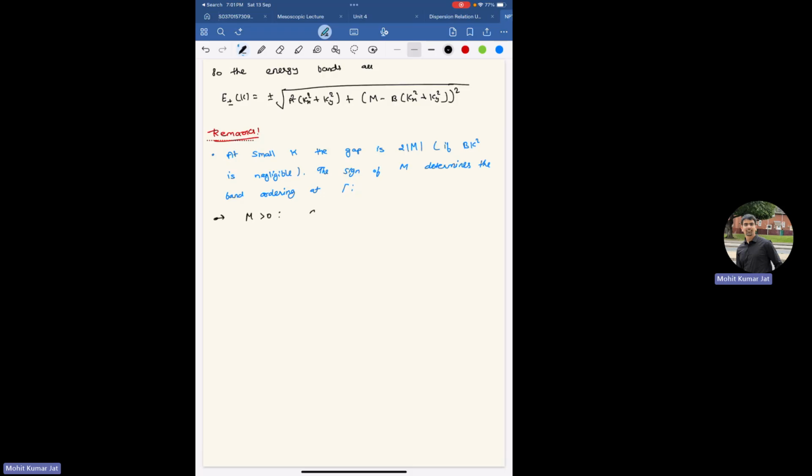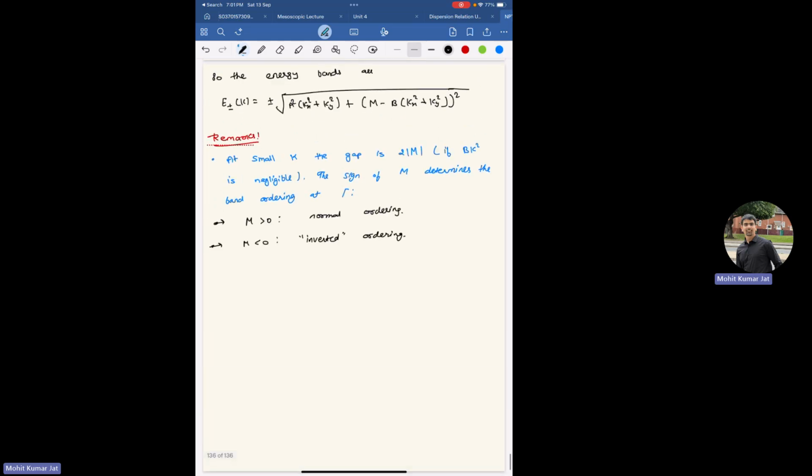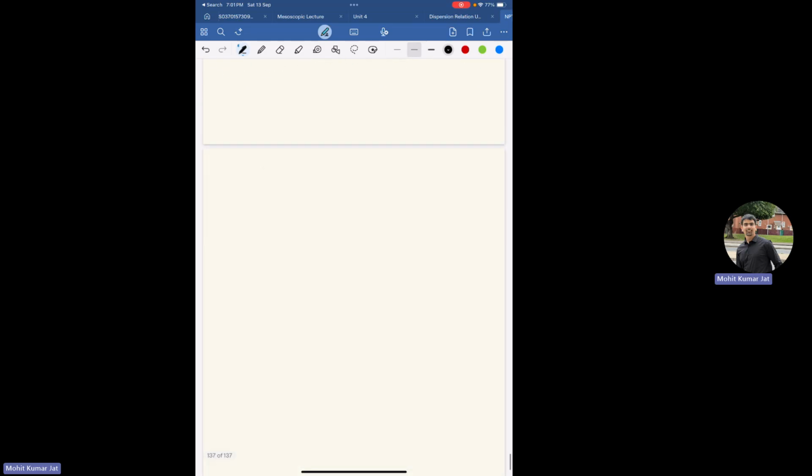M greater than 0 is normal ordering, and M less than 0 is inverted ordering, which is the topological phase for suitable B. And the parameter B modifies how the mass changes with k.